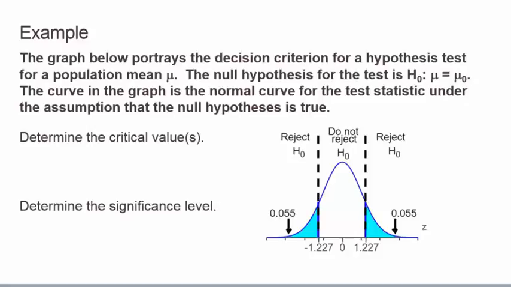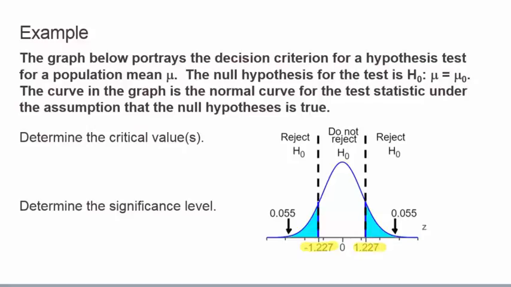Continuing with our example, determine the critical value or values. Our z-scores are the cutoff points between the rejection region and the non-rejection region.